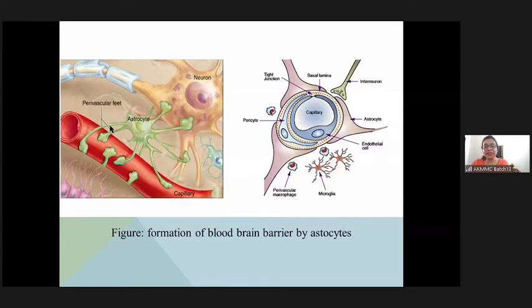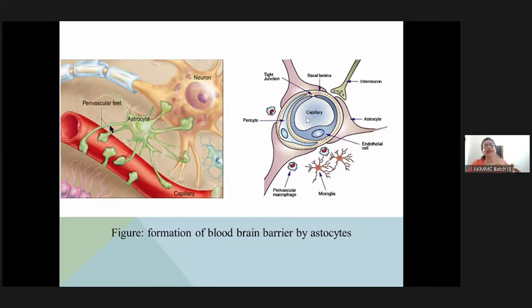And outside this, we can see foot processes. One, this is another, this is another. Here we see some processes. Look, these are surrounding this capillary and inhibit the fluid from pouring out from the capillary.